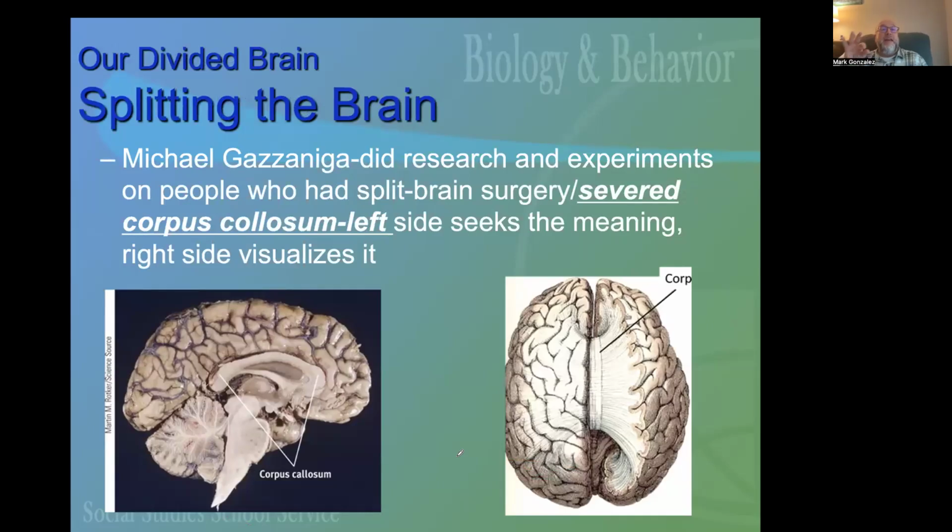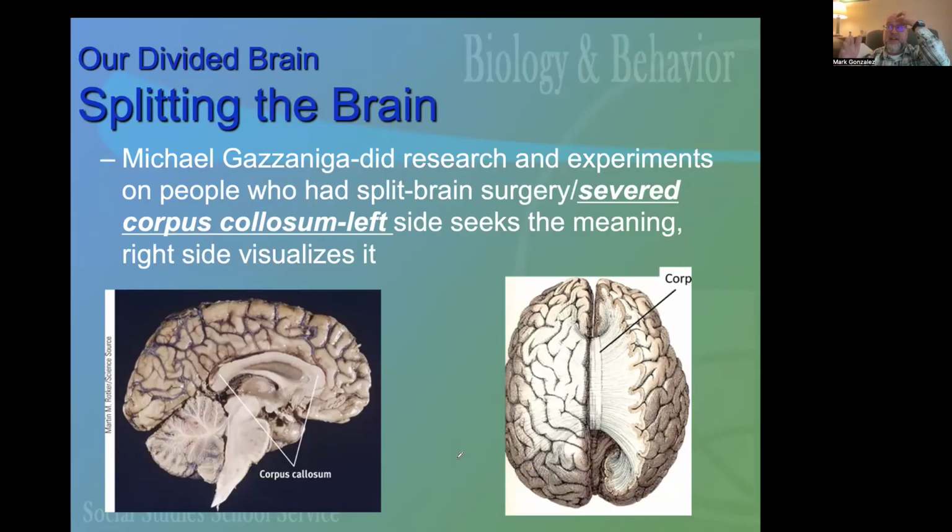So Michael Gazzaniga actually did research and experiments on people who had this split brain surgery, the severed corpus callosum, like I was telling you. And he realized that the left side was seeking meaning while the right side was visualizing it.